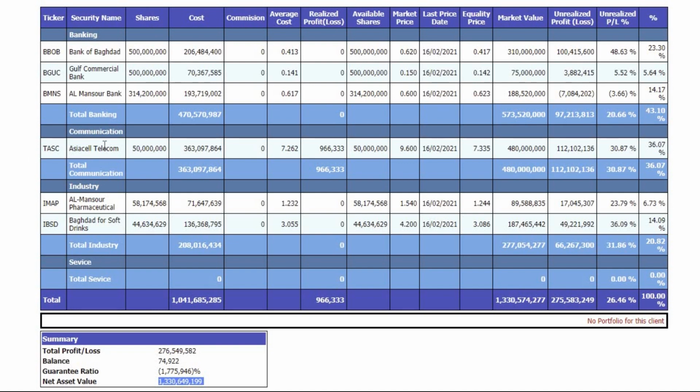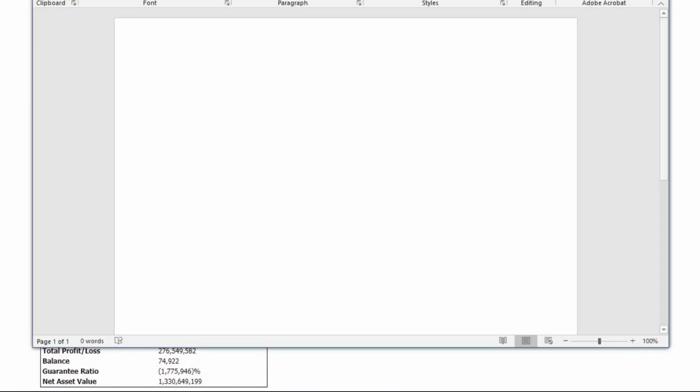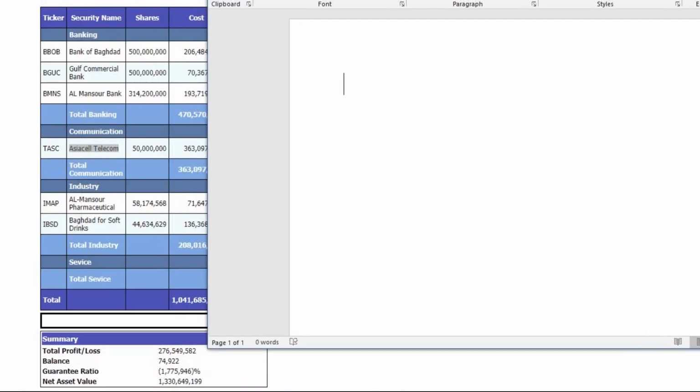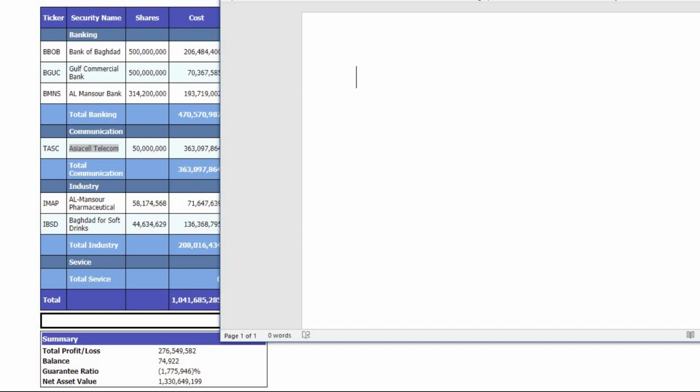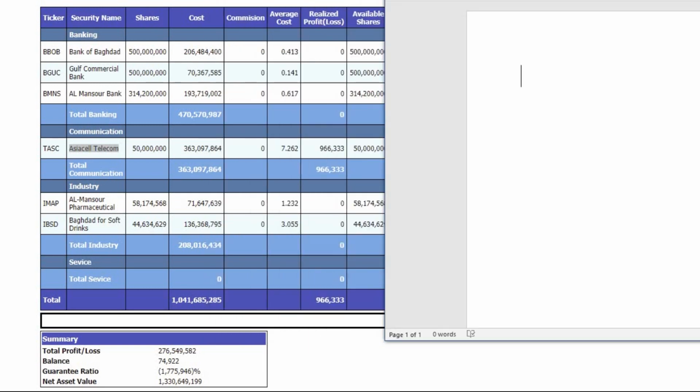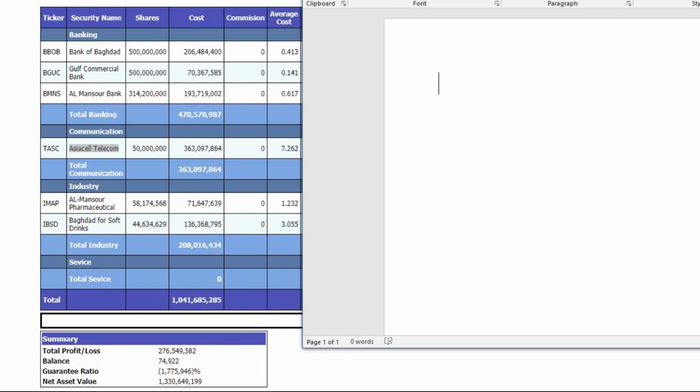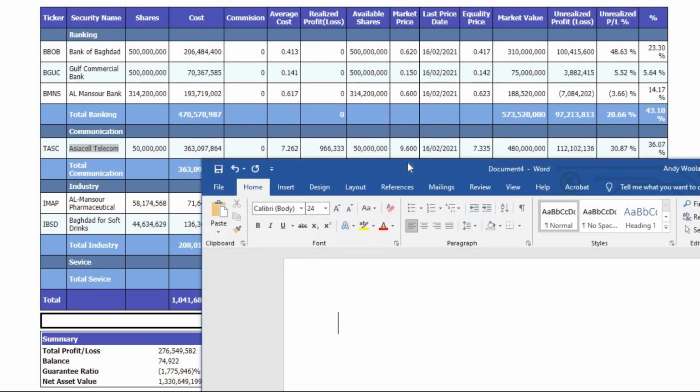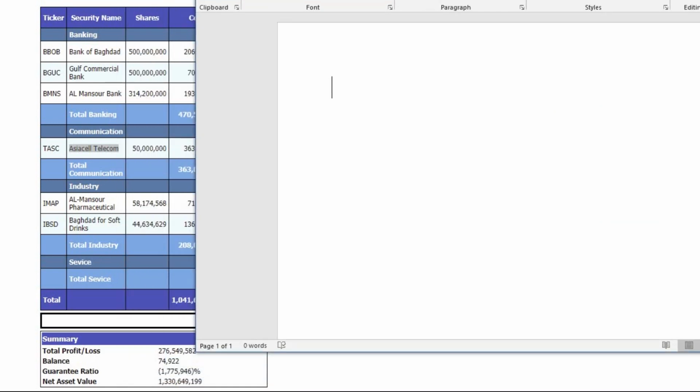But let's take Asia Telecom. If Asia Telecom pays 1 dinar per share, and it's currently valued at 9.6 dinar.